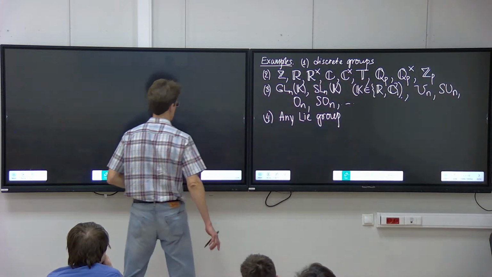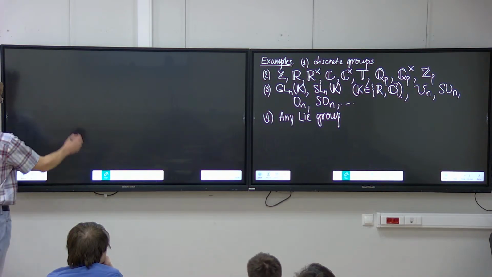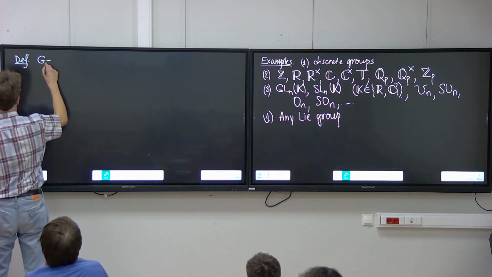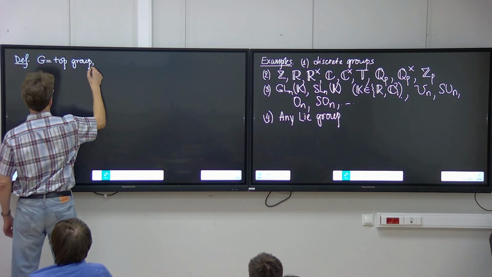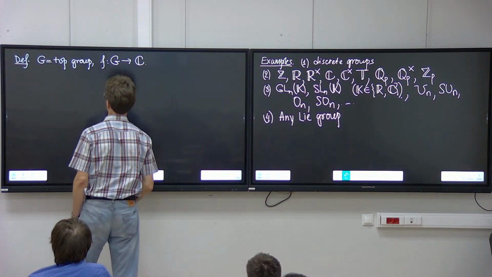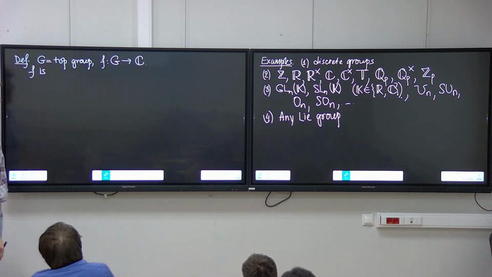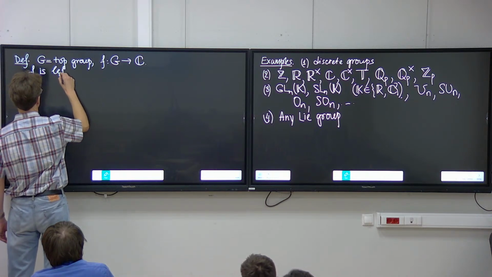Let's now discuss uniformly continuous functions on topological groups. Suppose that G is a topological group, and suppose that f is a function on G. We say that f is left uniformly continuous and, respectively, right uniformly continuous.